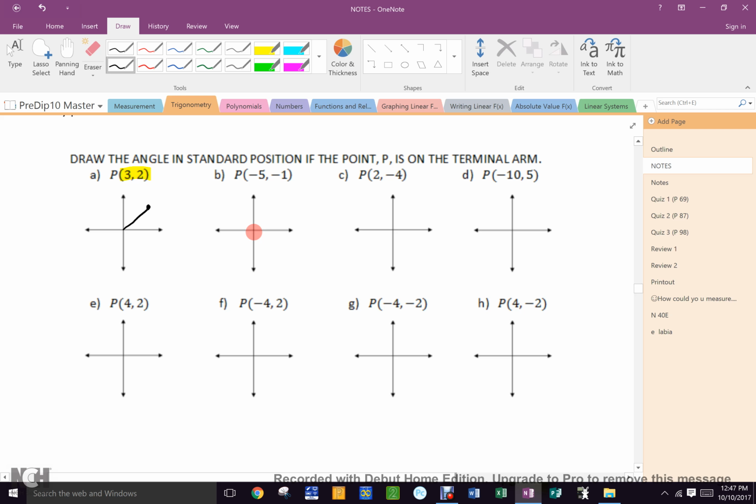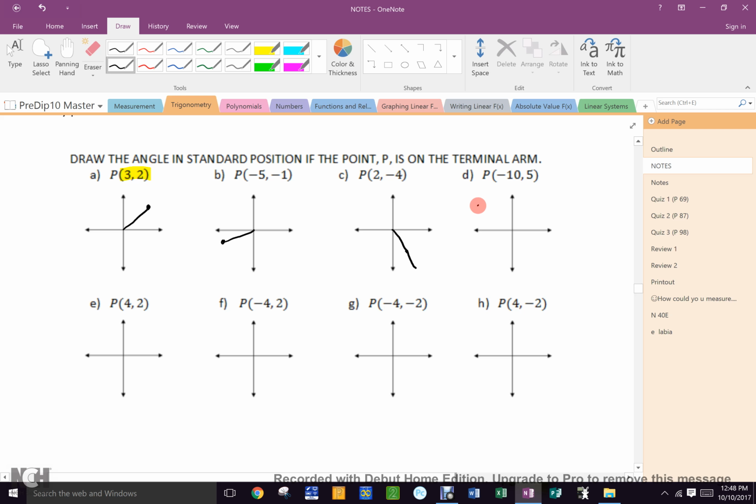So where would this one be? Third quadrant. Down here. Out 5, down 1. Where would this one be? Right 2, down 4. Where would this one be? That would be second.